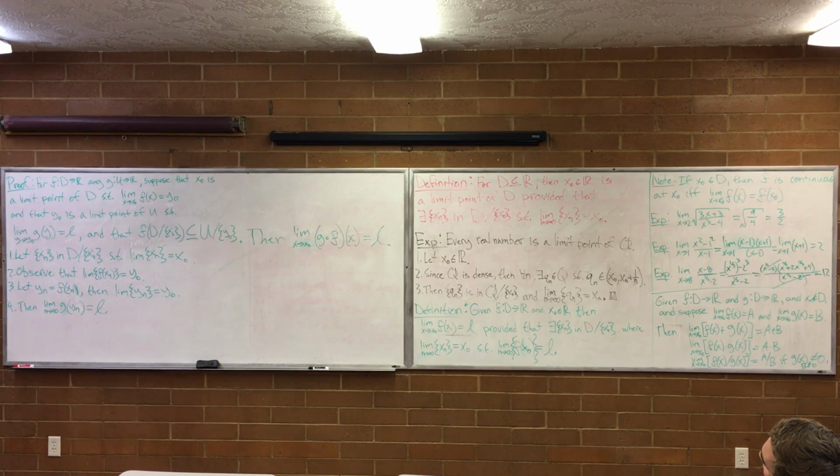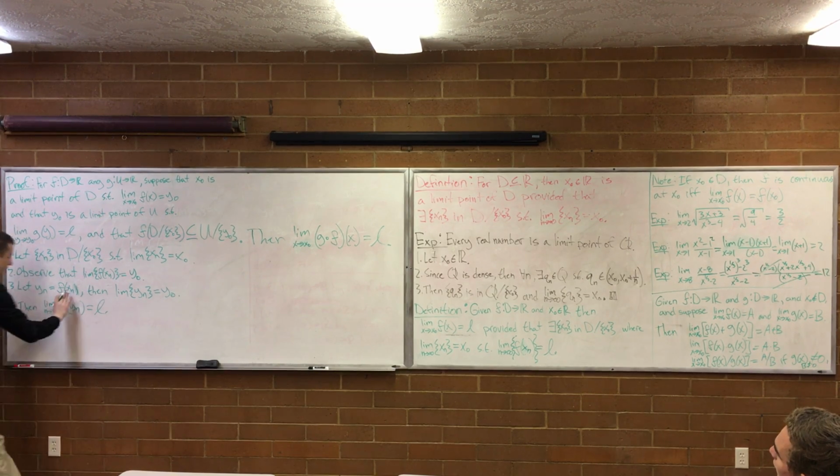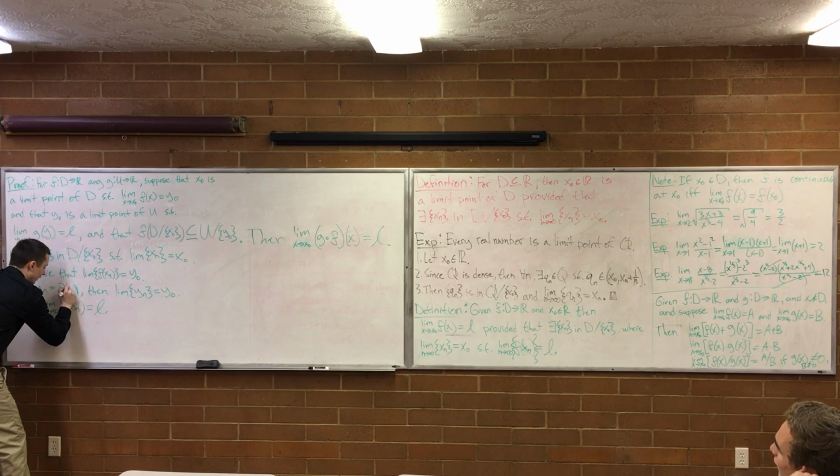x n is in the domain not including x naught, such that it converges to x naught. Observe that y n equals f of x n, sorry, that's an x.